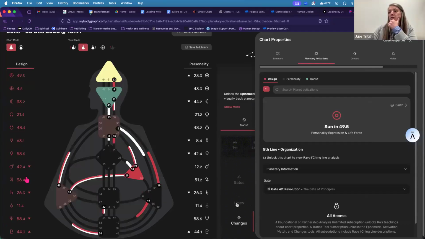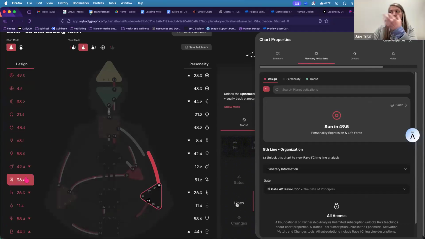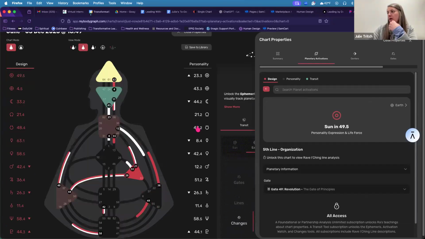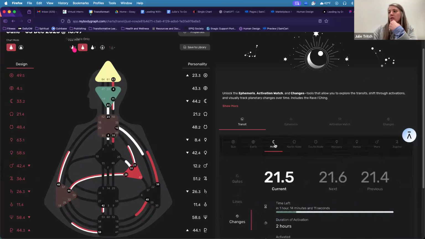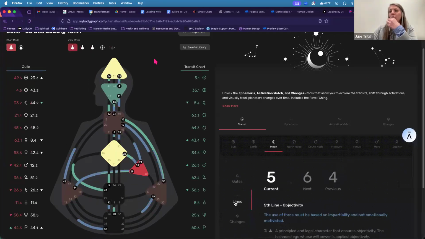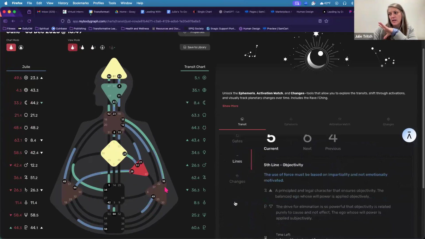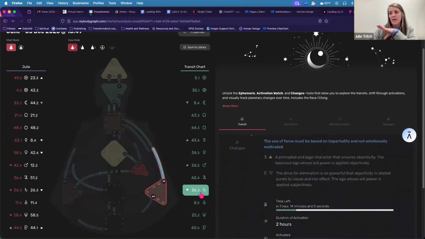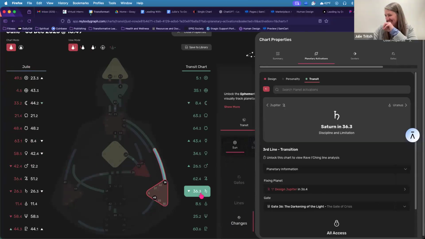These are the two aspects from my birth chart that are outlined here. You see the 49 and the 36 right here. But then if we go into the transits chart, I'm like, what's making this defined right now? I click on this, boom, Daddy Saturn.